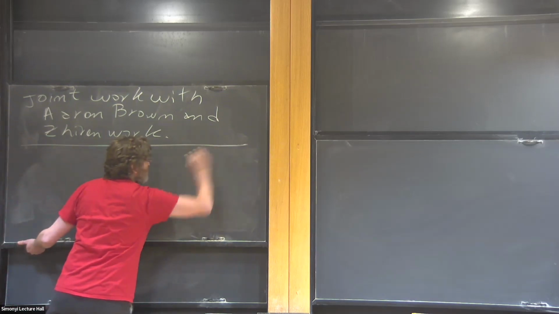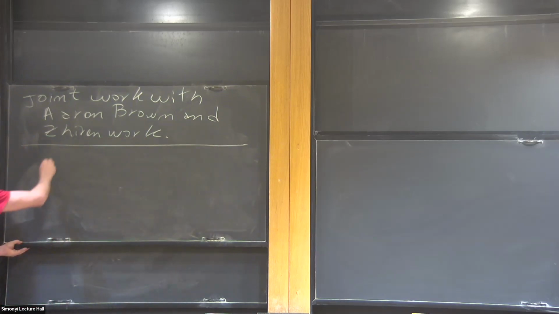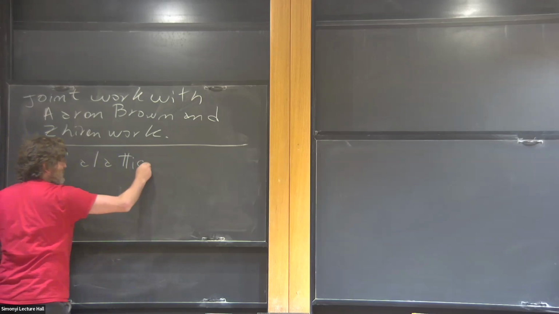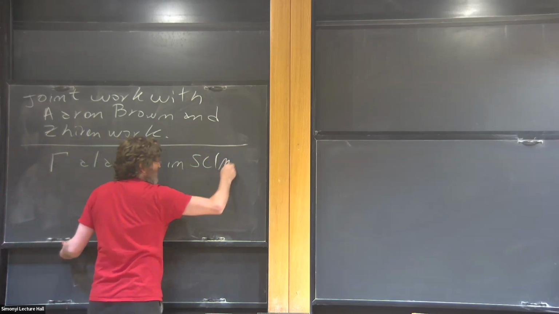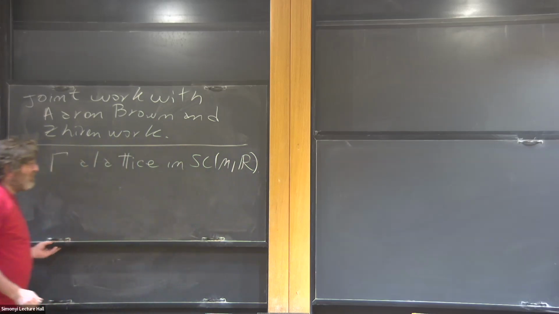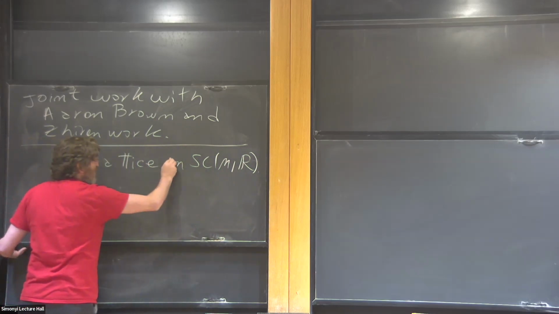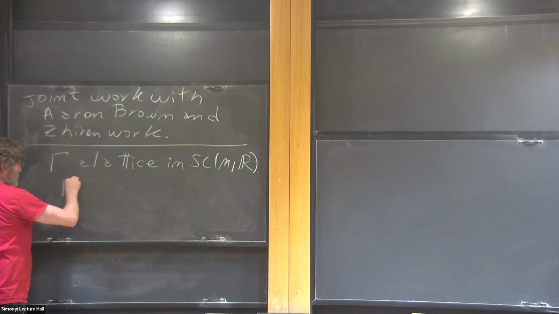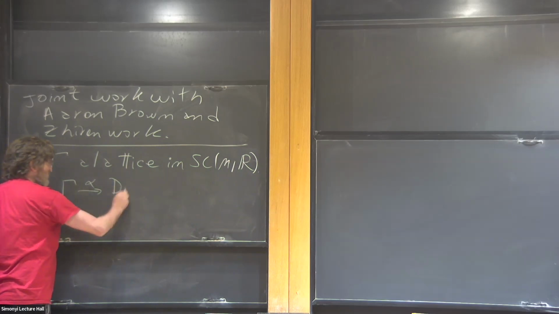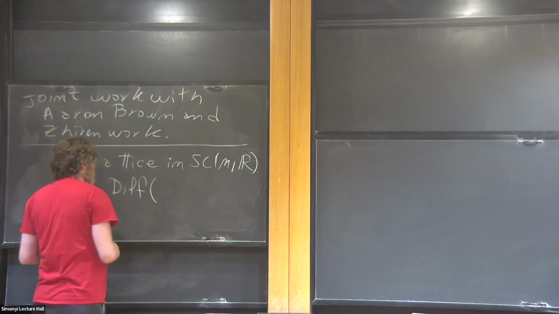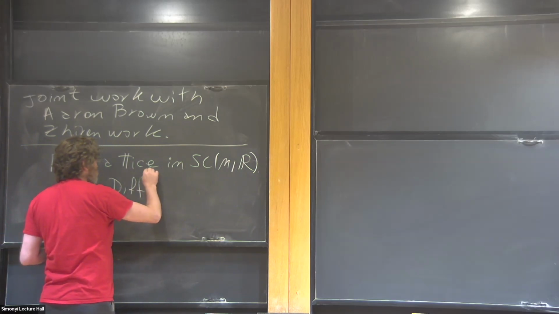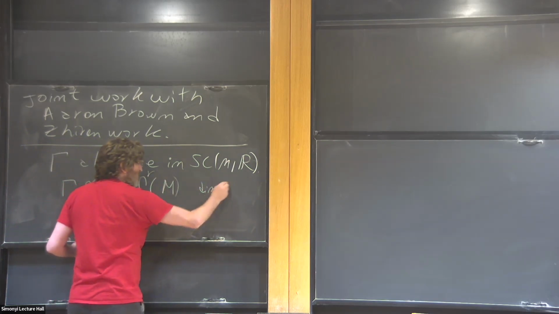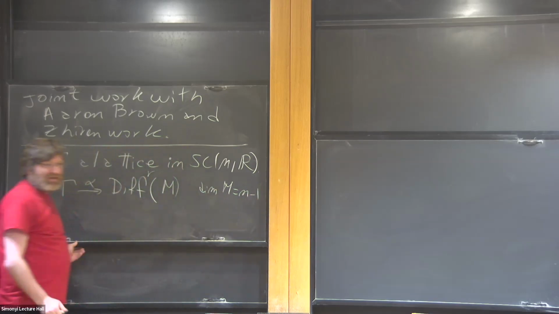Let me just start easy. So we take gamma, a lattice in SL_n(R). And we look at an action of gamma, let's call it alpha, by diffeomorphisms, say, C^r, of a manifold M. The dimension is exactly n minus 1.